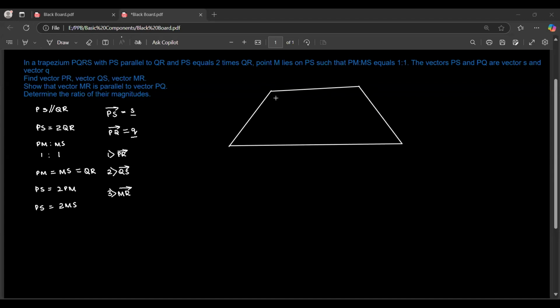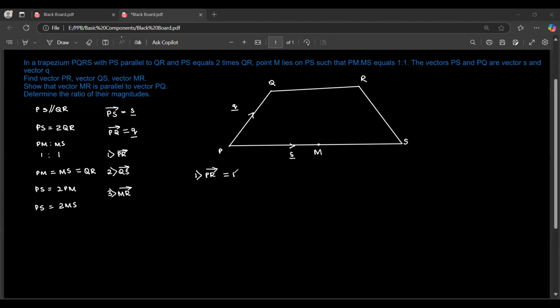Now we can write down PQRS this way, because PS is parallel to QR. And M is the center of PS. So first of all, we have to find PR. That's easy because we know PR is equal to S and this is Q. That's what they have given us.